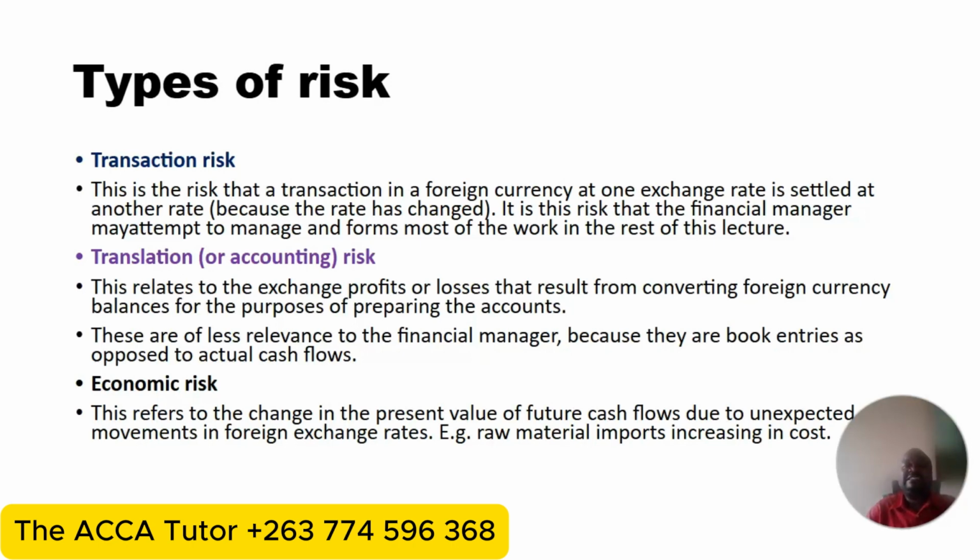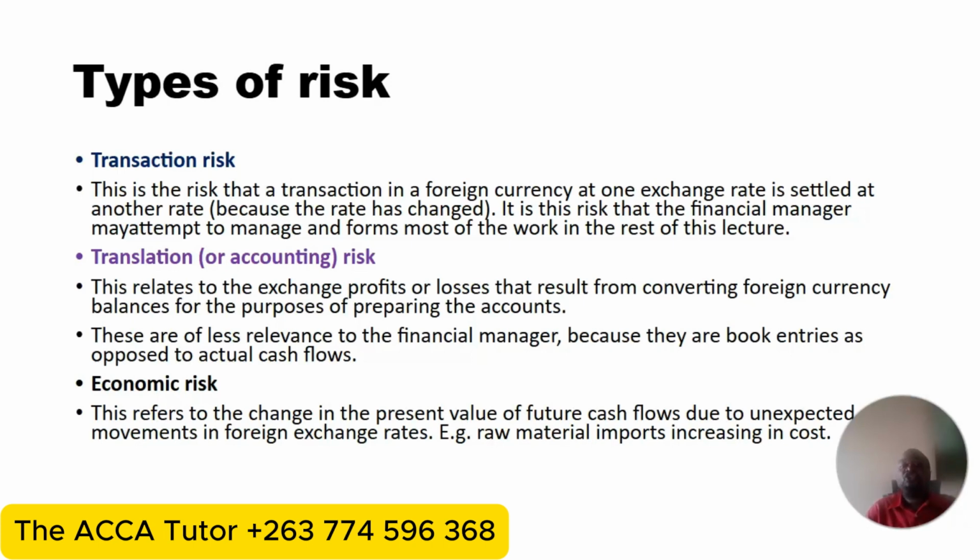The first one is transaction risk. This is the risk that a transaction in a foreign currency at one exchange rate is settled at another because the rate has changed. So you might enter into a particular transaction today at a certain exchange rate. For example, you might sell something today at a particular exchange rate, but then when you receive the money, the exchange rate would have differed.